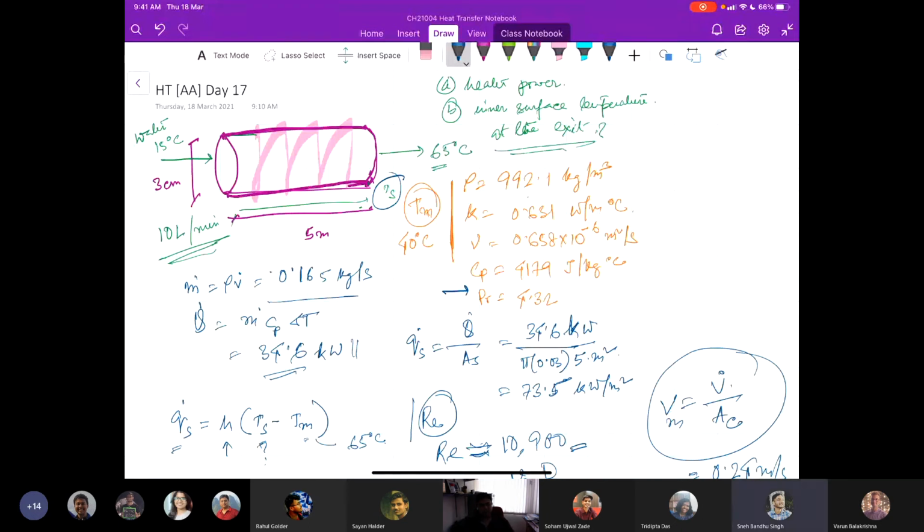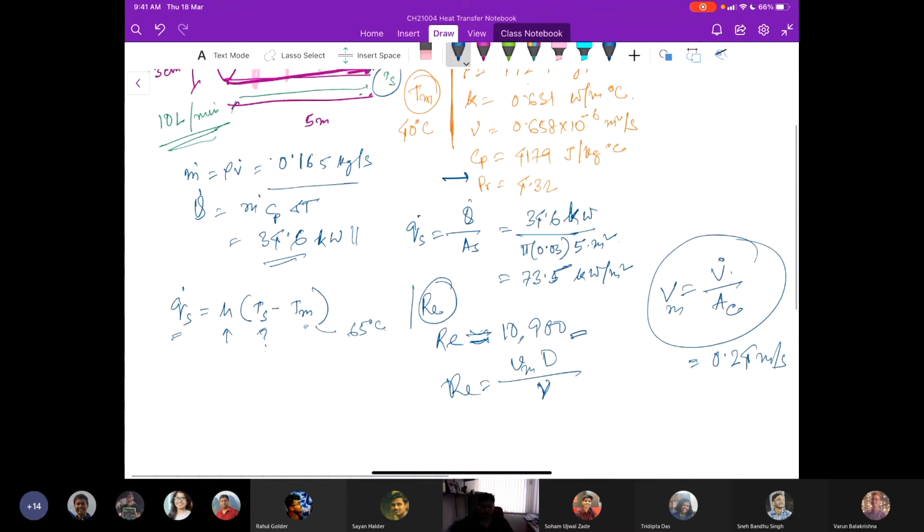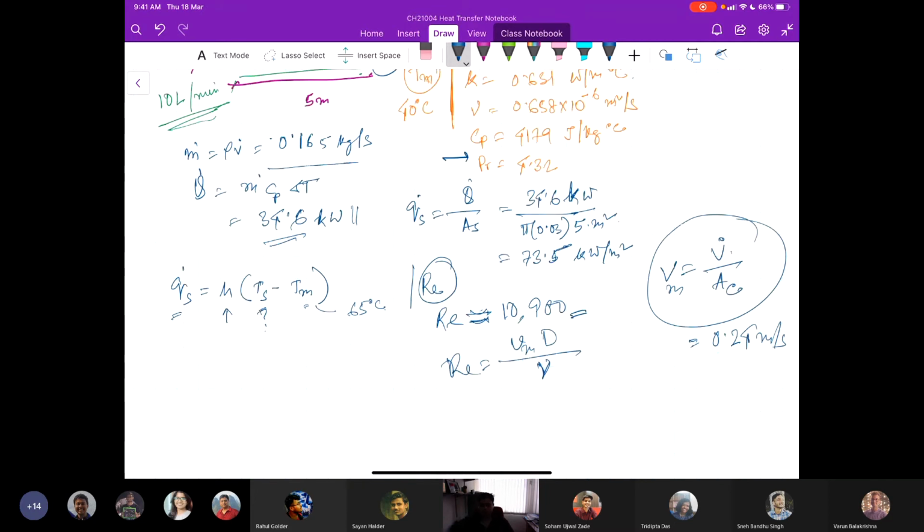So like you told, for the turbulent zone, if the length is 10 times the diameter, then it is sufficient. Here 10 times d will be 30 centimeter, which is very much less than 5 meters, a very negligible distance. So we can safely assume that the flow is fully developed turbulent flow.